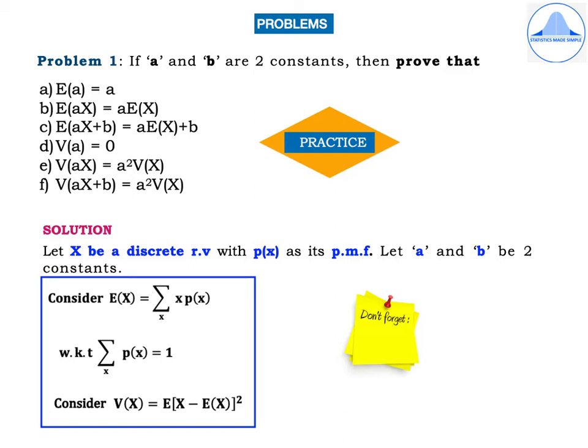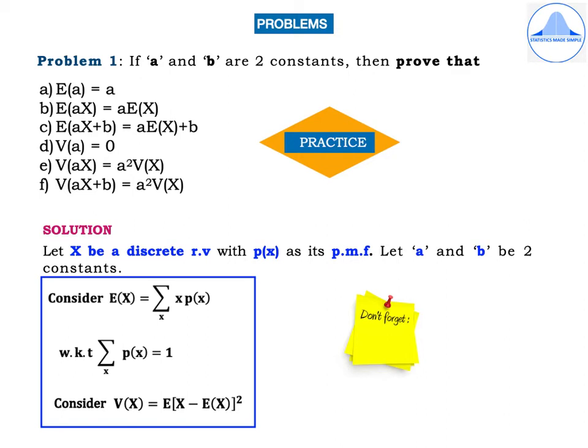So consider E of X. You know that the formula is summation over x, x P of x. Observe very carefully that after the summation we have only alphabets in small letters. Then we also know another important condition, that the sum of the probabilities is always equal to 1. So summation over x P of x is equal to 1.